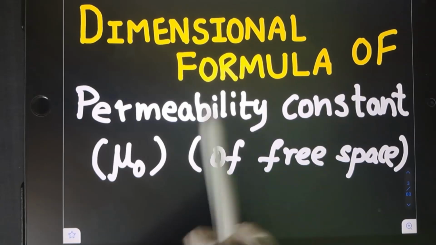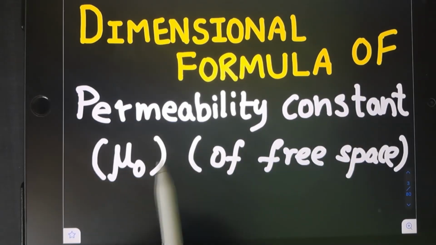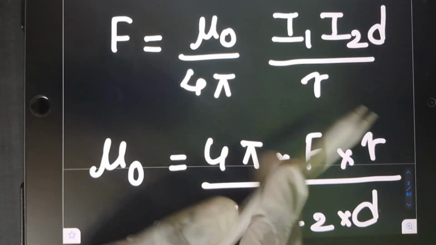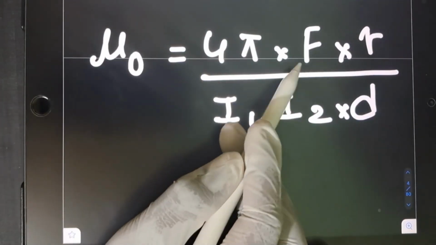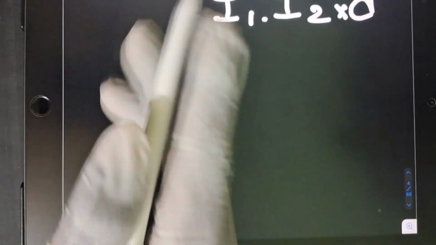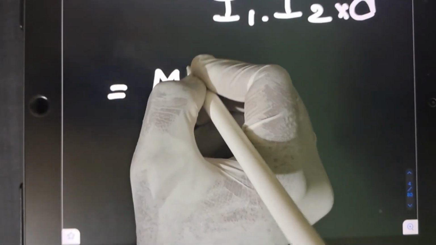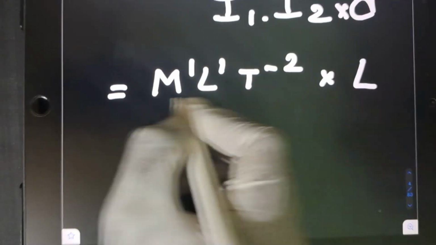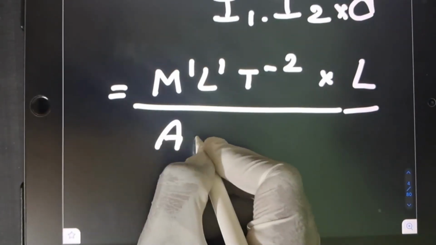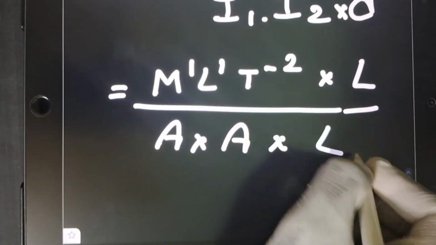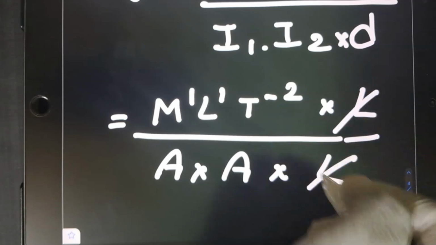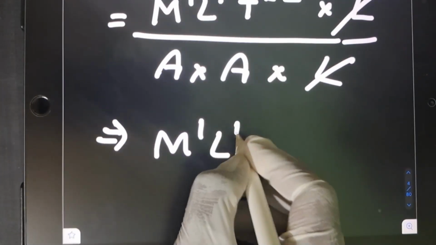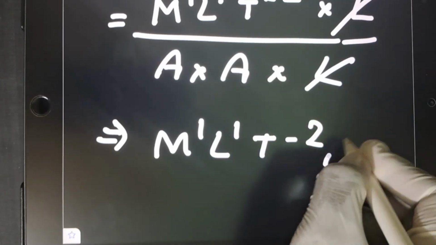To find the dimensional formula of the permeability constant mu naught, we know the formula F is equal to mu naught by 4 pi I1 I2 D by R. Mu naught is equal to 4 pi F into R by I1 I2 D. We have force M^1 L^1 T^-2 into R, radius L, by I, meaning current A, and D represents length L. On cancellation of length and reciprocation of the current, we get M^1 L^1 T^-2 A^-2.